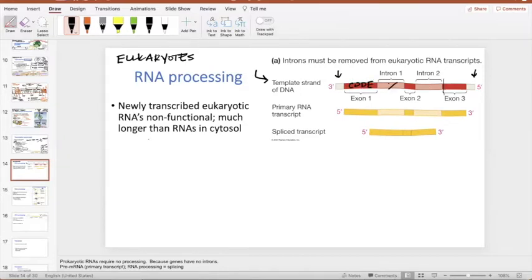Introns are insignificant, so they are non-coding. Code, non-coding, code. So in order for us to make a functional mRNA, we have to do some processing where we edit out the non-coding regions or introns.